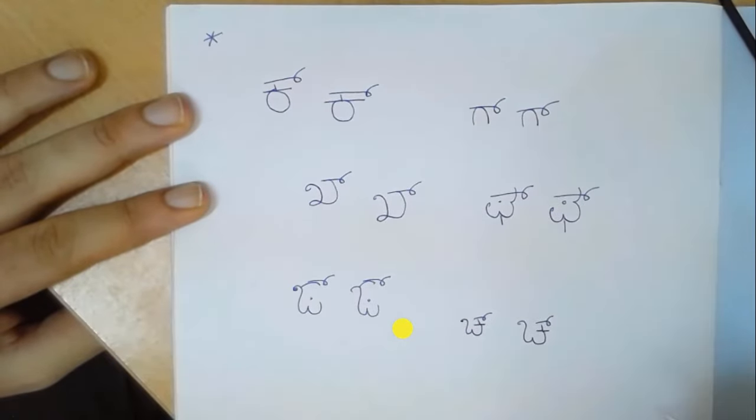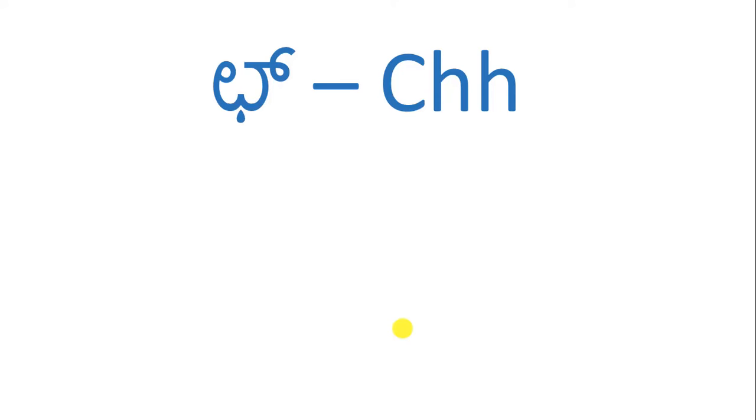So we have that extension at the end in all the root consonants. Next is the deeper version of the previous root consonant, ch. Now this is ch.